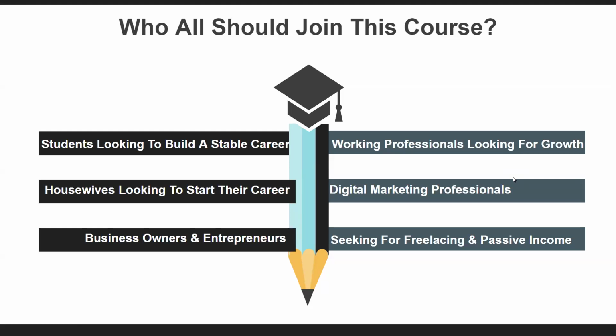Okay. Diksha wants to start a career. Priyanka says, I am a business owner. I have an e-commerce store and want to take my business to the next level. Perfect. Himanshu wants to switch into digital marketing. Shruti is looking for a passive income opportunity. Poonam is looking for career growth. Rafat wants to restart the career.